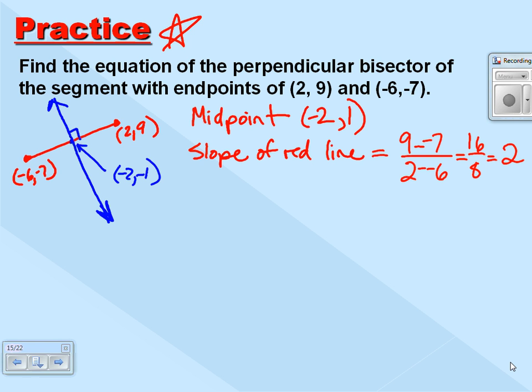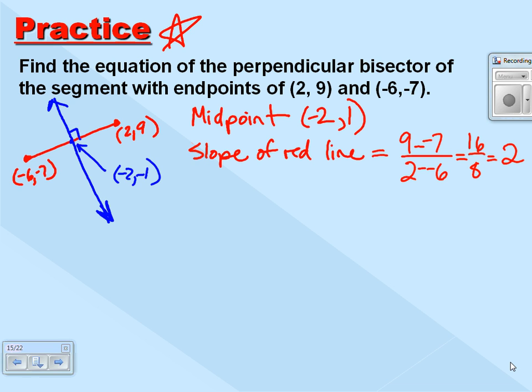Okay. So let's look at this again. We know the slope of the red line. We know its midpoint. What I eventually want to do is figure out the equation of the blue line. So how do I do that now? Well, do I know the slope of the blue line?